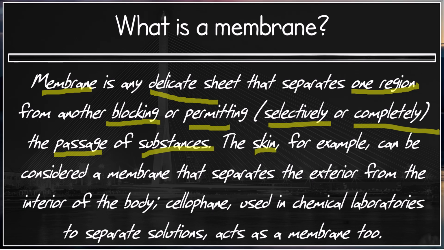The skin, for example, can be considered a membrane that separates the exterior from the interior of the body. Cellophane, used in the chemical laboratories to separate solutions, acts as a membrane too.